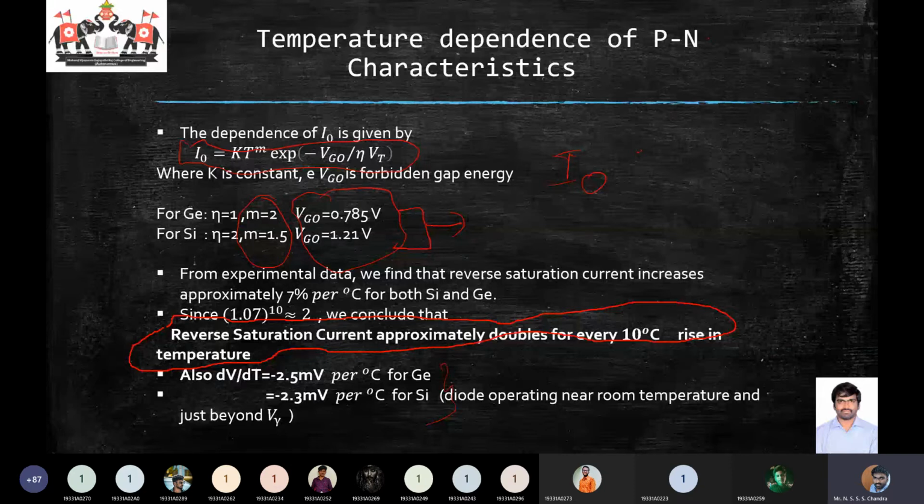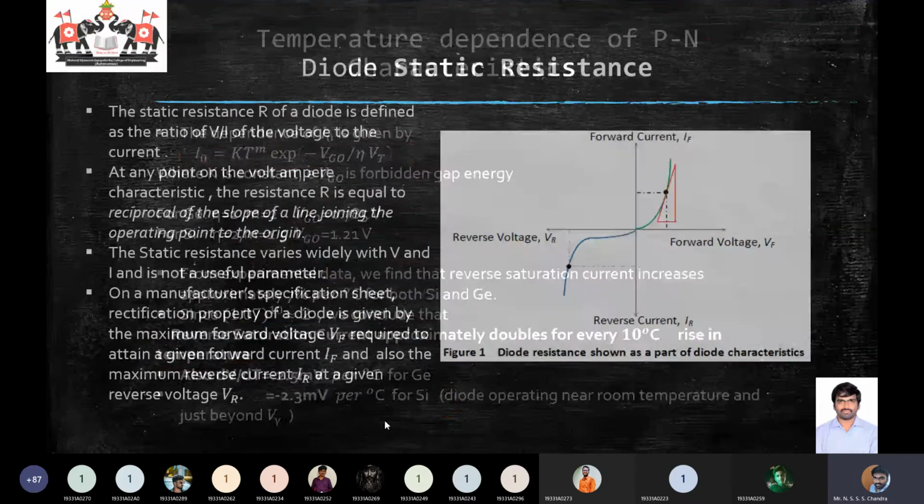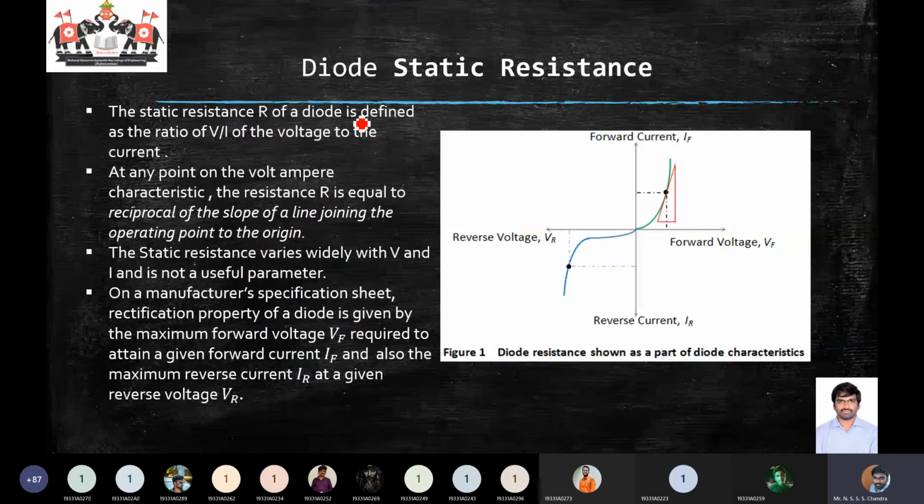So let us check that from VI characteristics. A diode has two different types of resistances. One is called static resistance and the other is called dynamic resistance. So first we shall see the static resistance. Static resistance, capital R, of a diode is nothing but the ratio of the voltage to the current.